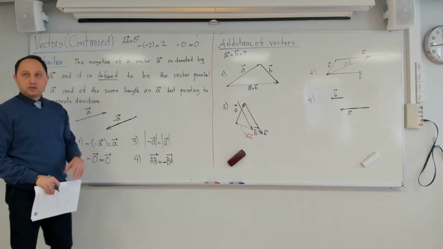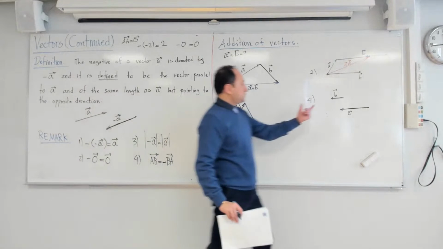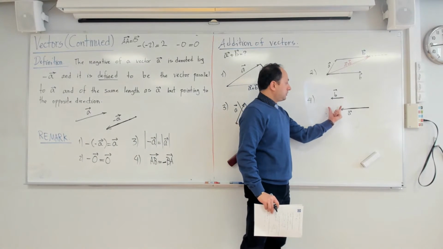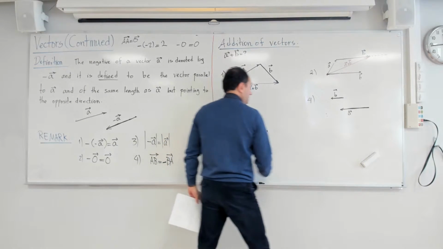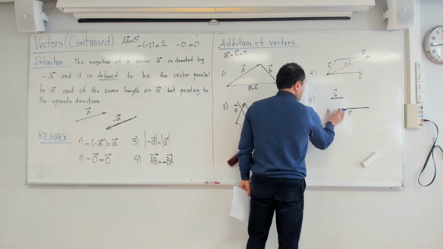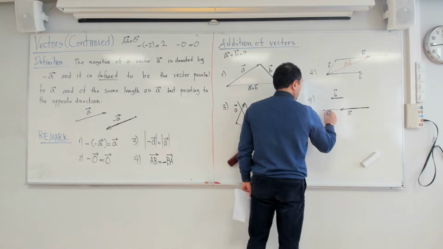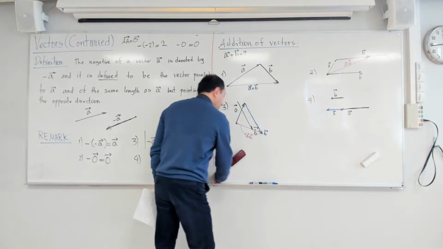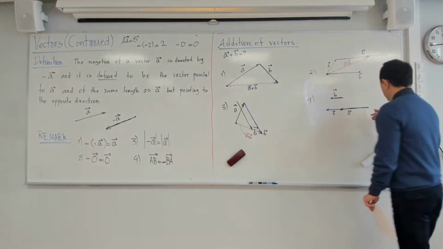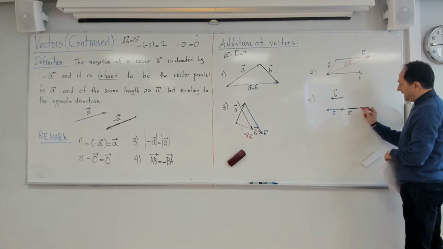The rule is the same. I need to parallel transport the second one from the final point of the first one. Yes? So what does it mean? It means that I will take this one and put it here. Yes, here. So this becomes the vector B again. And then what you need to do, of course, if I want to draw it carefully, it should be exactly here.